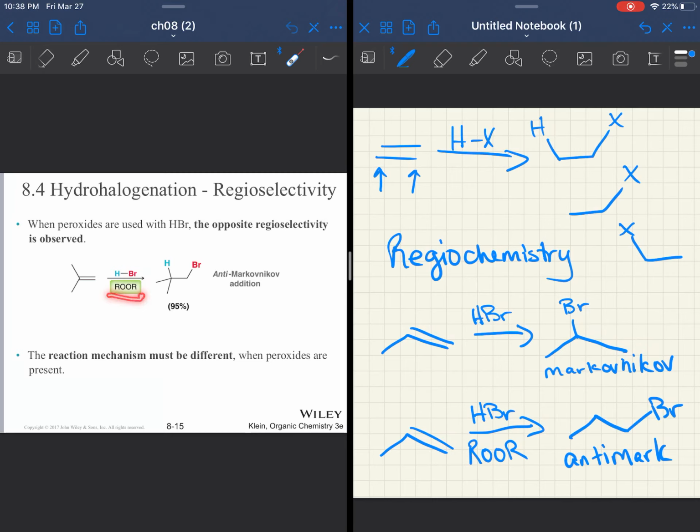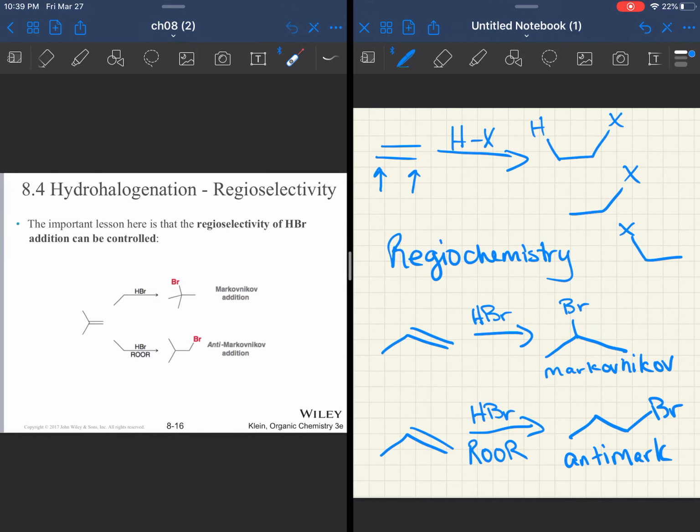All right, you add in that peroxide, you wind up getting a different result. Now, they picked a different substrate to start with here, but you notice now the bromine is on the less substituted side, and that is the major product. I am always going to be asking you for the major product. So you're going to have to know if a reaction is Markovnikov or anti-Markovnikov to give me the major product. Now, with the peroxides, you won't learn that mechanism until chapter 10 because it deals with radicals.